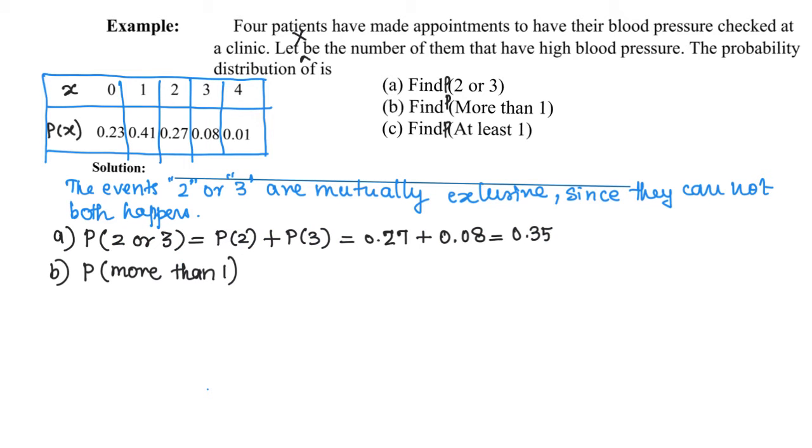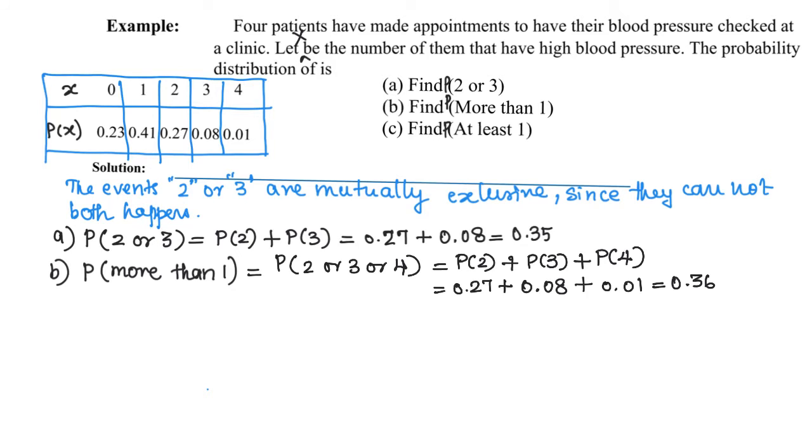Probability of more than 1 means it can be 2 or 3 or 4. So again we are using the addition rule for mutually exclusive events. Probability of at least 1: we can use the rule of complements. The complement of at least 1 is none. So it will be 1 minus P(0).